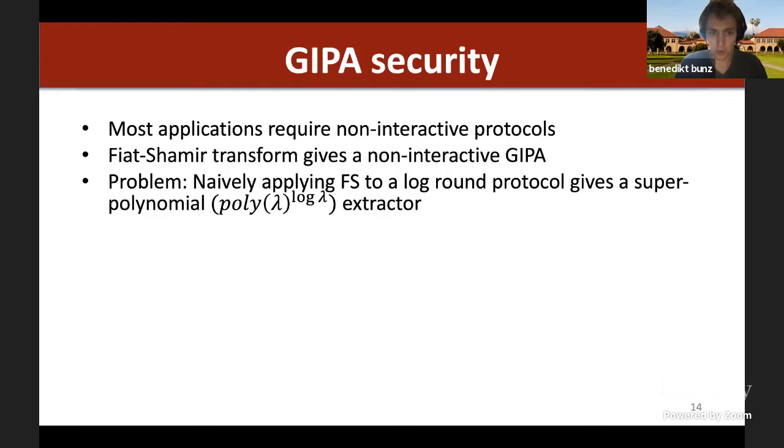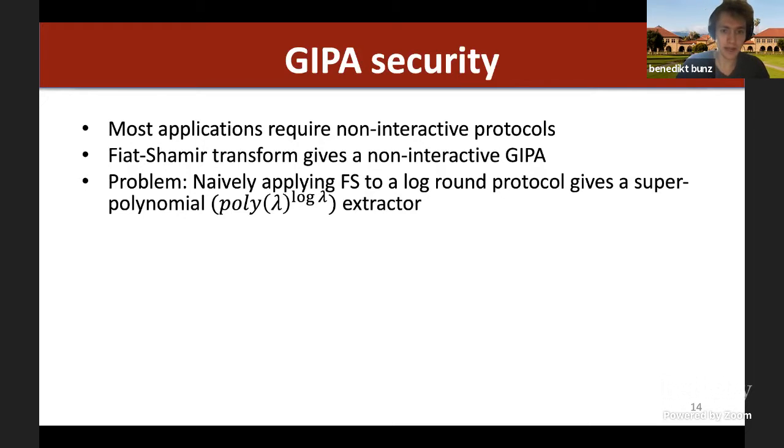But one problem is that most applications of our protocols, and in general also for Bulletproofs and other protocols based on the inner product argument, require non-interactive arguments. The way that we get a non-interactive argument is we apply the Fiat-Shamir transform. GIPA is a public coin protocol, so we can apply the Fiat-Shamir transform, which gives us a non-interactive protocol.